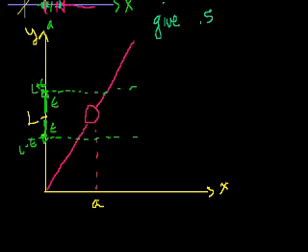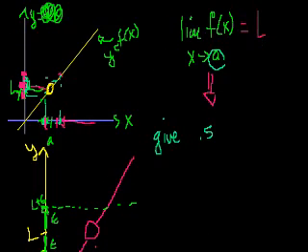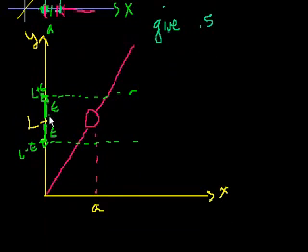The epsilon delta definition says that no matter what epsilon you give me, I can always specify a distance around A, and I'll call that delta. So let's say this is delta less than A, and this is delta more than A. This is the letter delta.